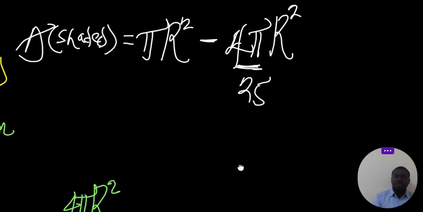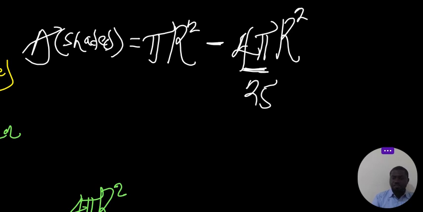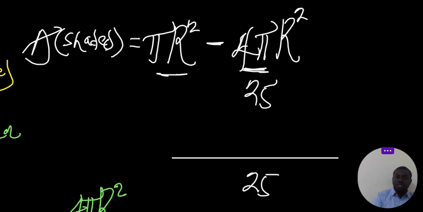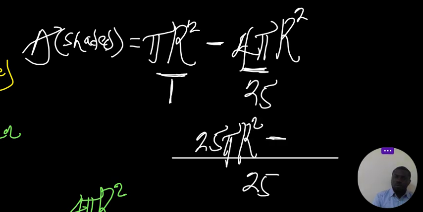You can just work out the LCM if you like. LCM is 25. Pi R squared is equal to pi R squared over 1. So 25 divided by 1 is 25, 25 times pi R squared, that's 25 pi R squared. Minus, that's the minus in the middle there. 25 divided by 25 is 1, 1 times 4 pi R squared, that's 4 pi R squared.